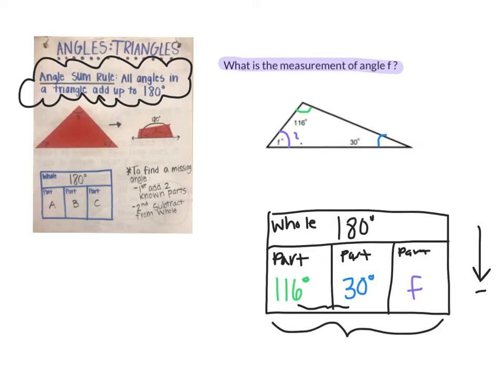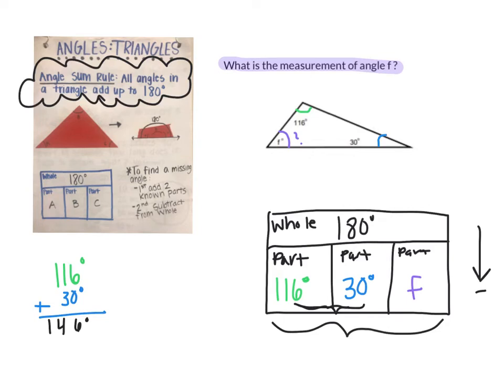We've got 116 degrees and 30 degrees. I'm going to add those up. 6 plus 0 is 6, 1 plus 3 is 4, and I bring down my 1: 146. That's not my missing part, that's just the sum of these two angles.